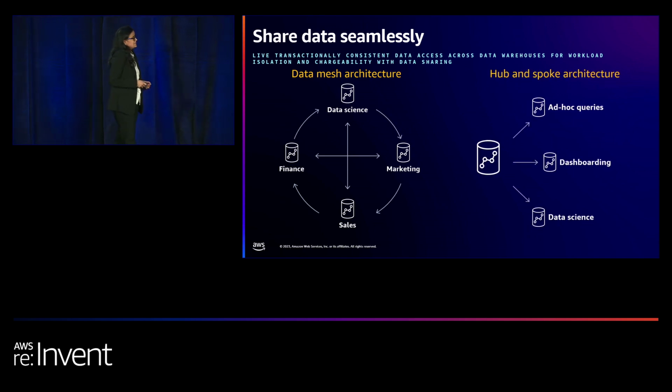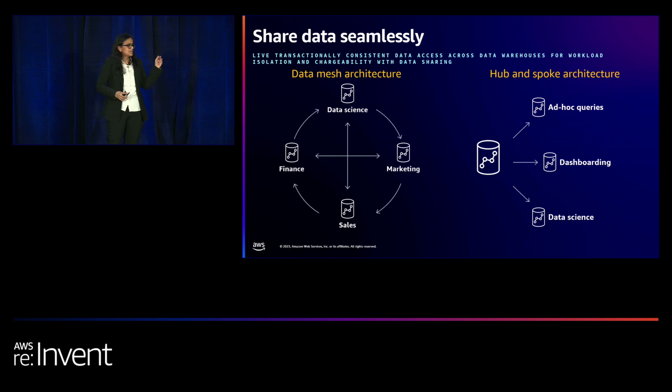And once the data is in Redshift, Redshift has a very nice feature called data sharing, with which you can share live and transactionally consistent data across multiple data warehouses. These data warehouses could be within the same account, in different AWS accounts, in different regions, or even across different organizations like your customers and your partners.